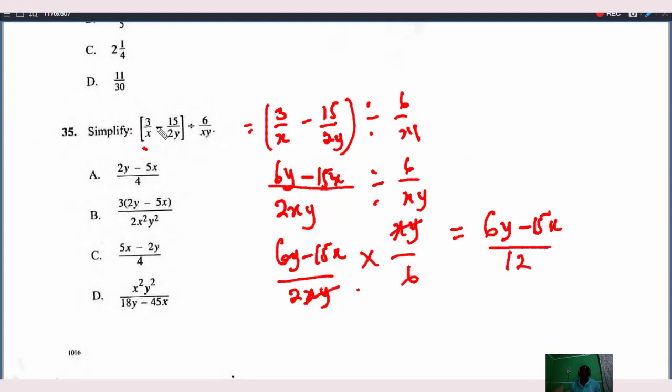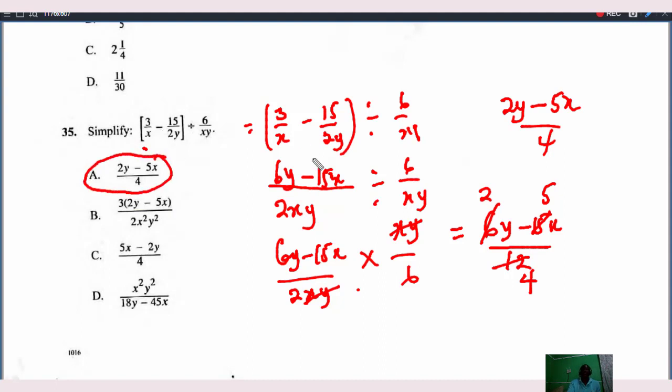So let's reduce 3 here, 2, 3 here, 5, then 3 here, 4. So the final answer will be 2y minus 5x over 4. And that is the answer. Good. Let's move on.